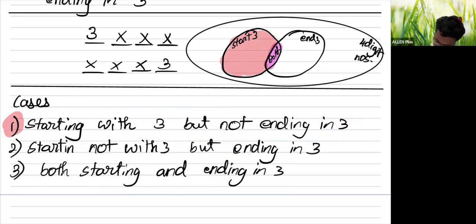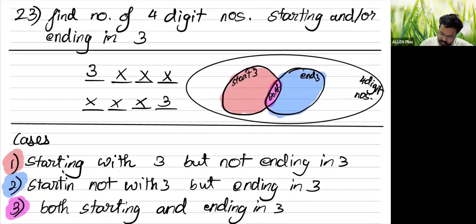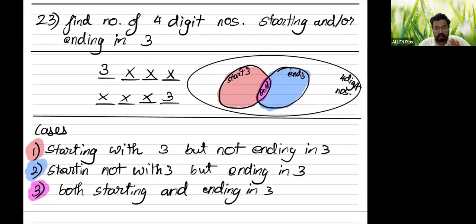This pink region is the intersection region, and this blue region is okay, I've made a tiny mistake. Blue is this, both starting and ending in 3. These are your cases. This is one way to solve the question.